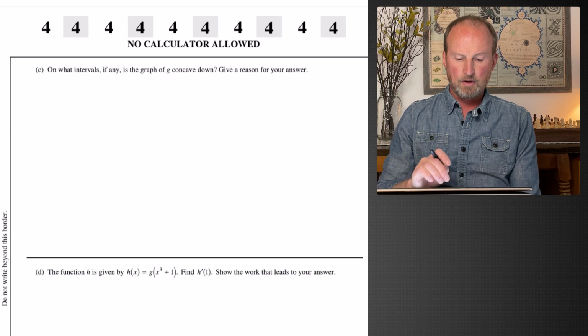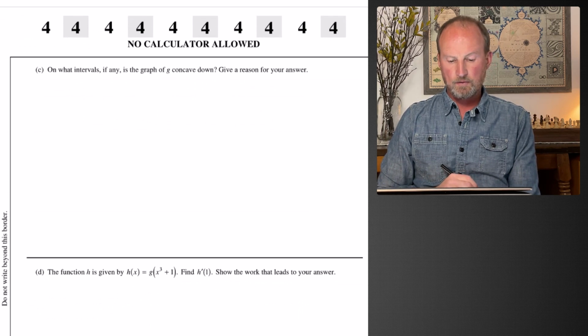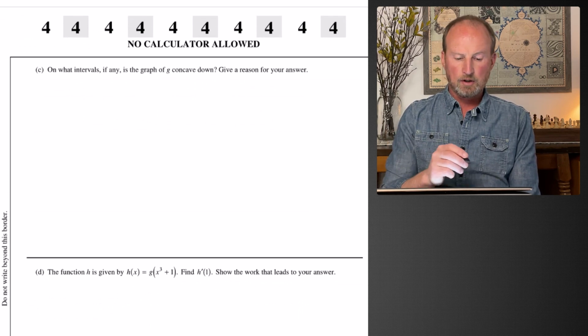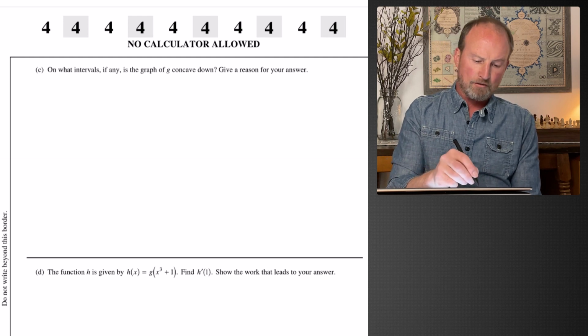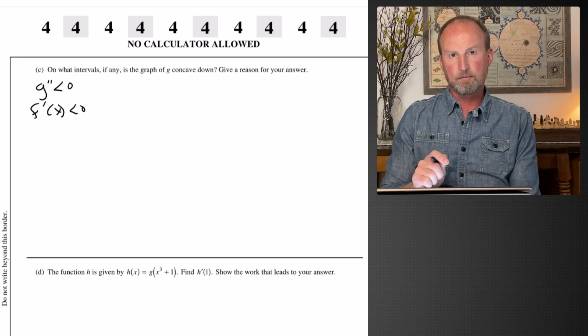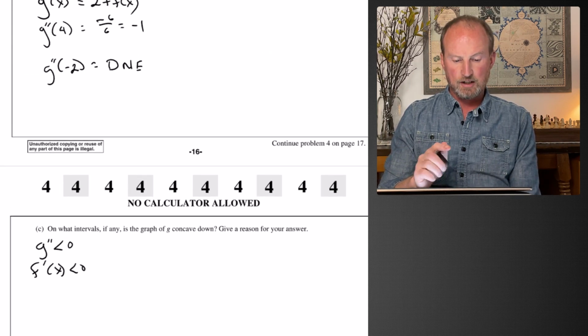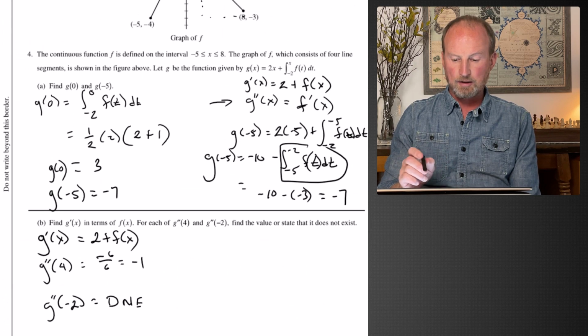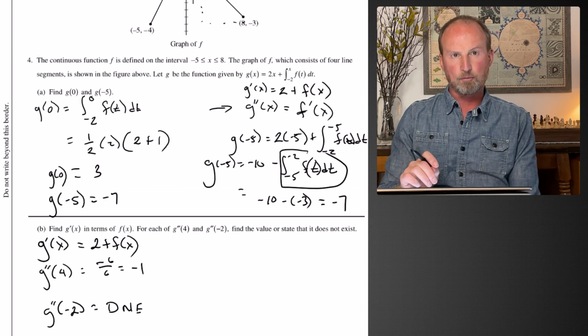Question C. On what intervals, if any, is the graph concave down? Concave down. g double prime needs to be less than 0, which means f prime needs to be less than 0. Because we said back here, g double prime is the same thing as f prime.